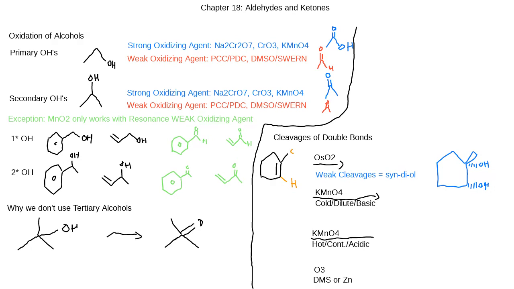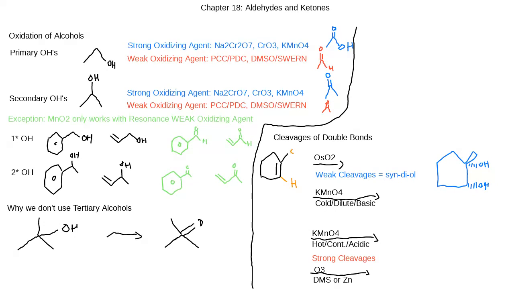So if you went over weak cleavages, obviously the last two are going to be strong cleavages. And these will actually open up the whole ring. And I'll show you guys how.